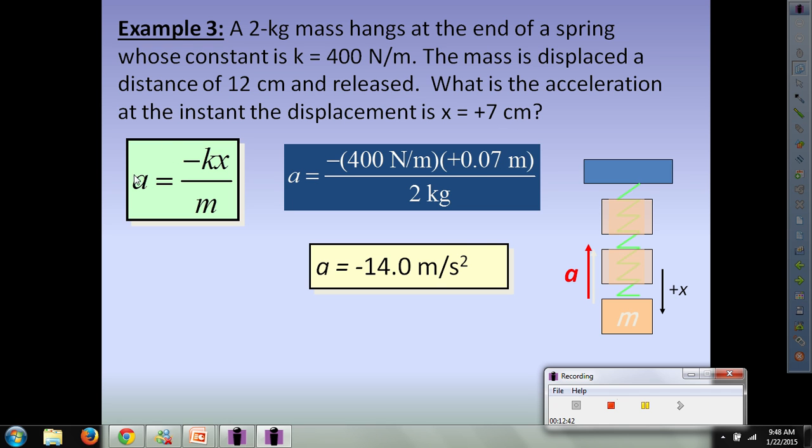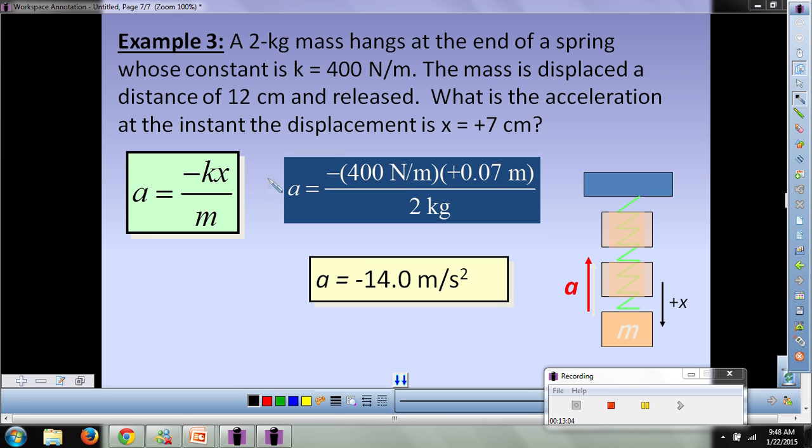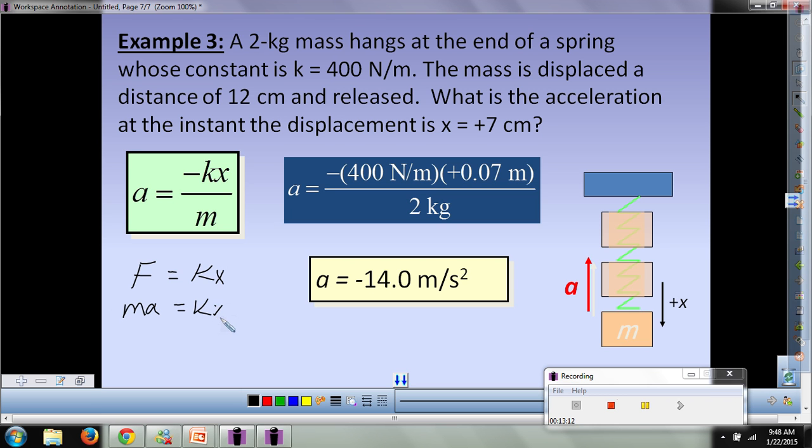Okay, so if F equals ma, which it does, then F is my restoring force, and it's equal to Kx. But I know that F is also ma because of Newton's second law. So A is equal to Kx over m.